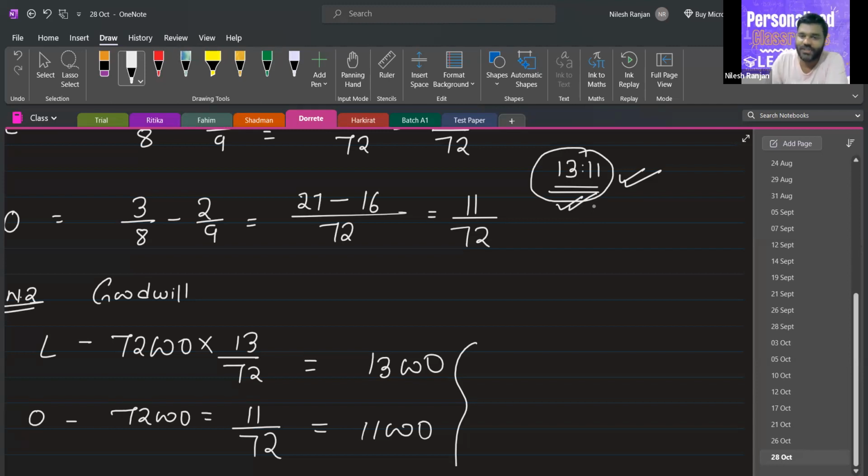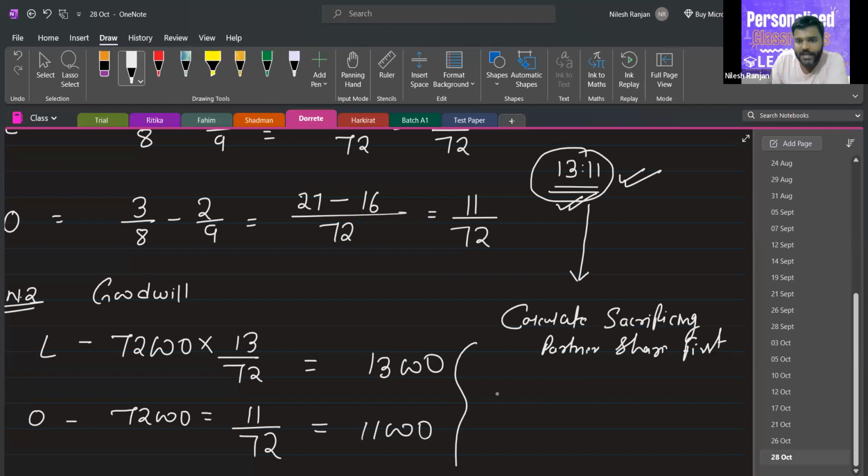So I'm saying when you have to use this ratio, then calculate the sacrificing partner's share first, meaning the retiring partner.